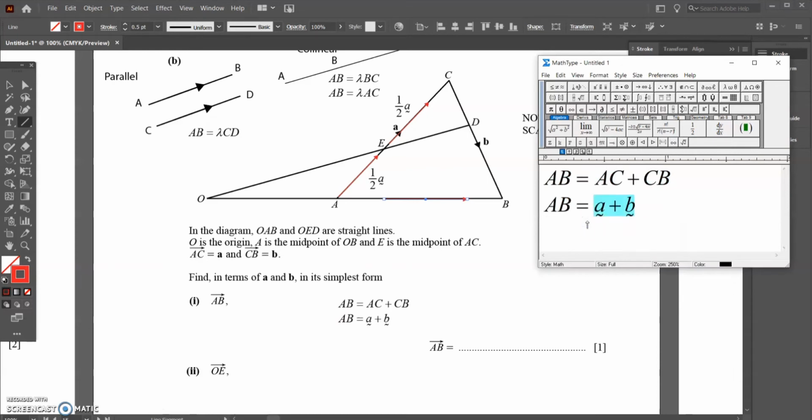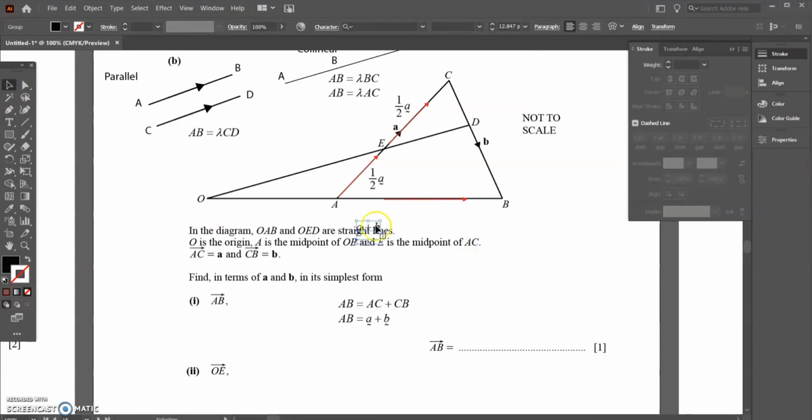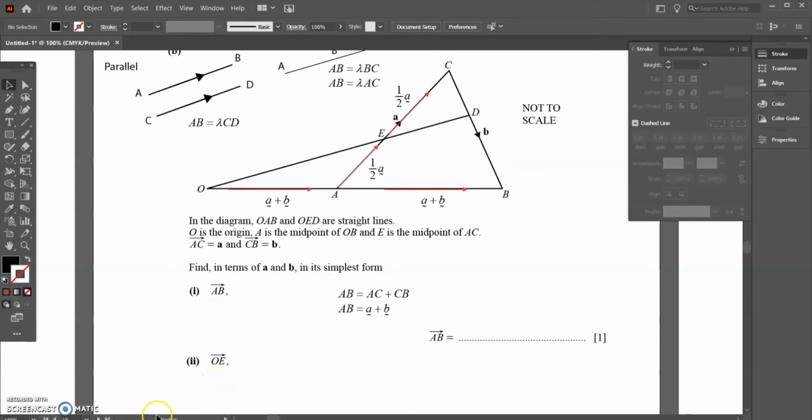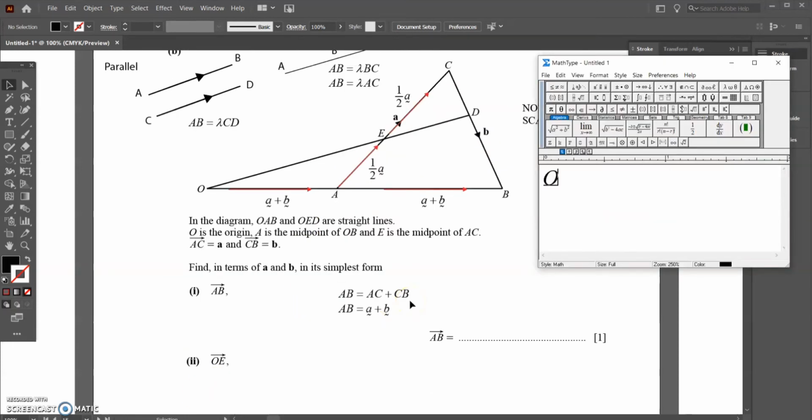And then this is also a midpoint. The question says A is the midpoint of OB. Therefore, O to A is also a plus b. So from here, you know that OE is equivalent to OA plus AE.